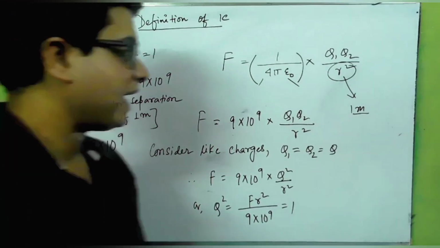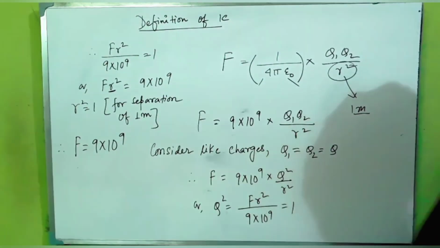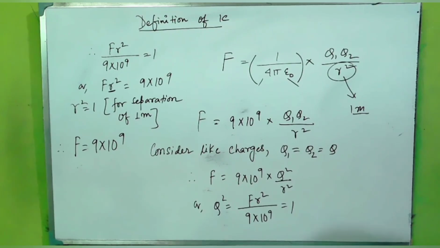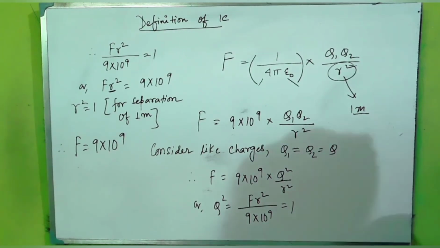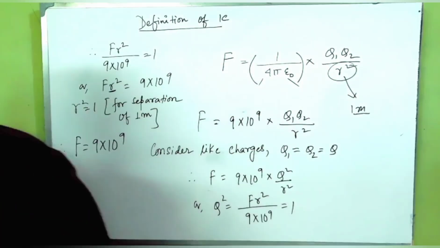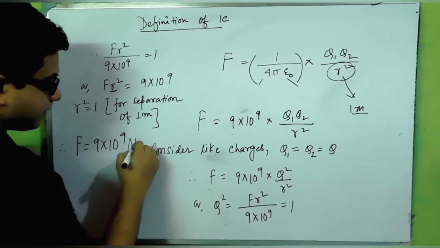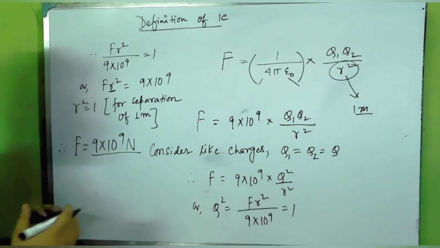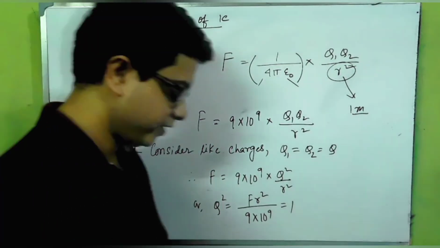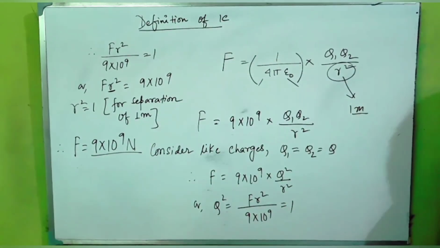And as we know, F is the electrostatic force acting between the point charge particles, and in the SI metric system the unit of force is Newton. Therefore it is actually 9 times 10 to the power 9 Newton. The huge amount of force that is going to act between two point charge particles of 1 Coulomb.